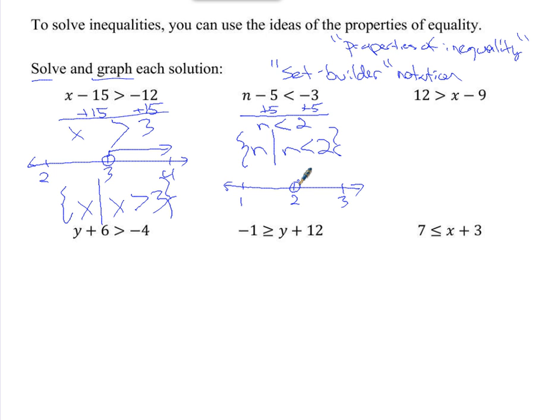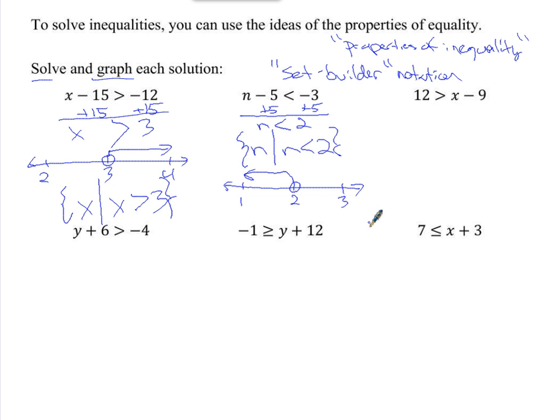Again, if you don't put the dot on there, it will be wrong. So make sure you include your dots. And which way? To the left. Less than is like 1 is less than 2, so that's why I'm going that way. Okay? So technically, I guess you have 3 answers that you have to give me here. The answer, and then the set builder answer, and then the graph.